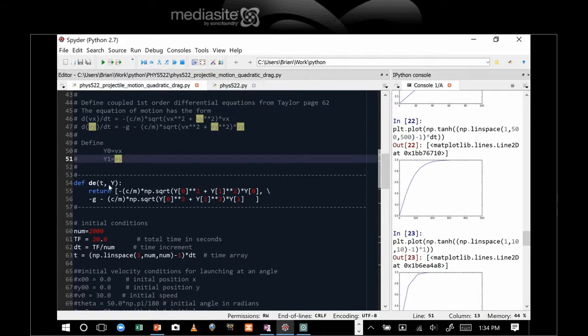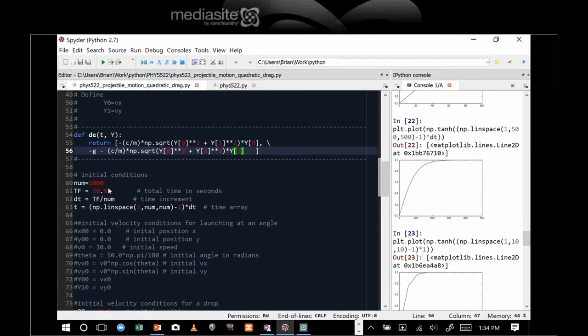DE represents the coupled differential equation, so the first element, the derivative of y0, is Vx dot equals this, which is the same thing I have right here. And the second element is the derivative of Vy, that should be this thing here, and that's what I have here.